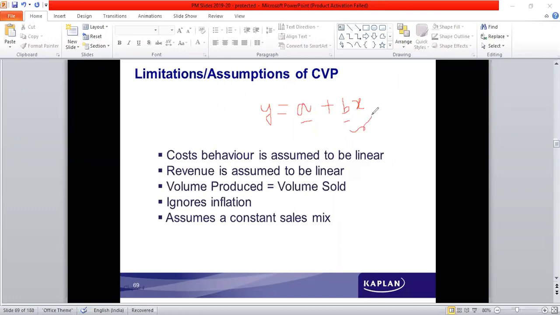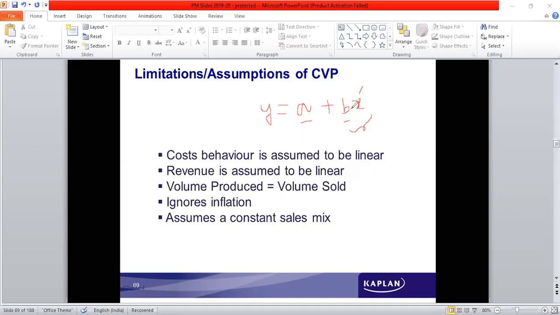The first part is a, which is completely a constant. The second part is bx, wherein b is a constant and the part keeps changing with the changes in x. As x keeps changing, the second part keeps changing, because b again is a constant.